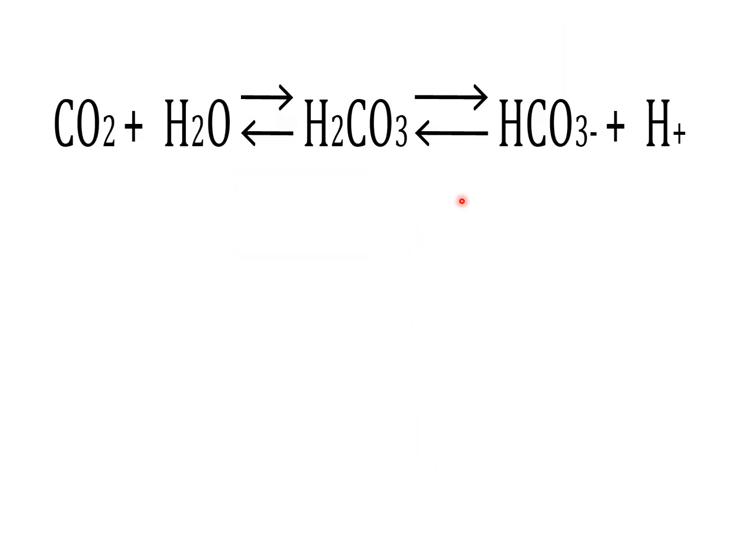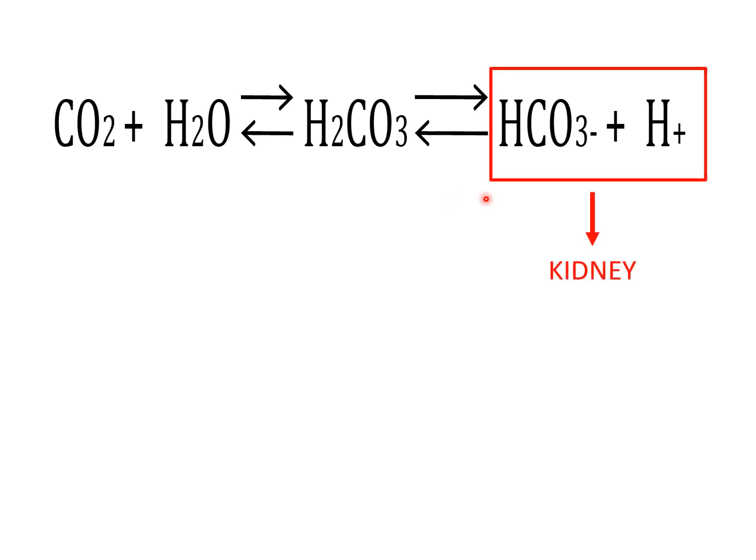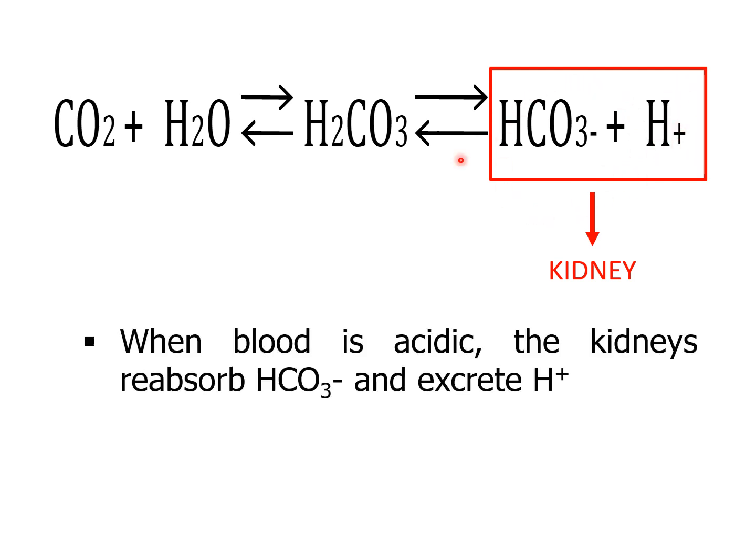Another important organ that is involved in the regulation of the pH is the kidney. So the kidney regulates the concentration of the bicarbonate and the hydrogen ions in the body. So when the blood is acidic, so when there is acidosis, the kidneys will reabsorb bicarbonate and excrete hydrogen ions.